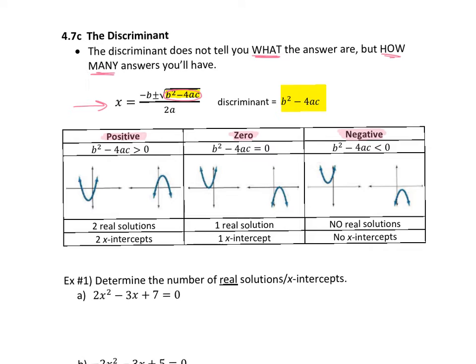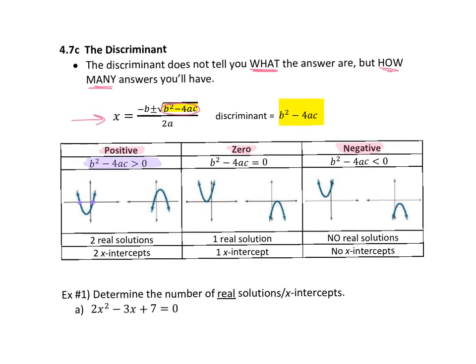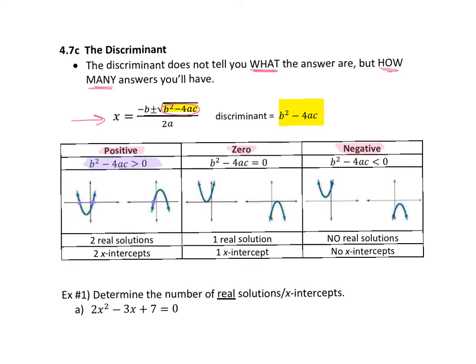If b squared minus 4ac is positive, so if it's a number greater than 0, what happens is when you graph it, you will see two different places where we hit our x-axis. Those are called zeros. Those are our solutions. So 2 there, or maybe it's a negative a term, but still a positive discriminant.